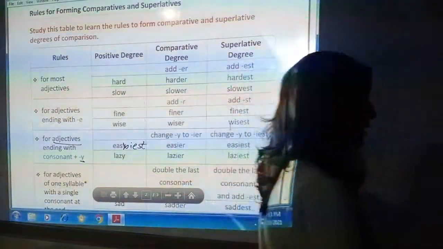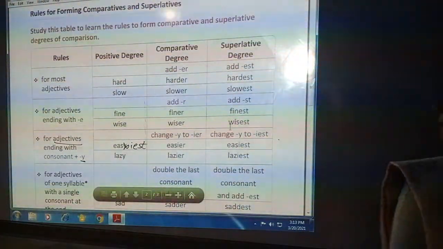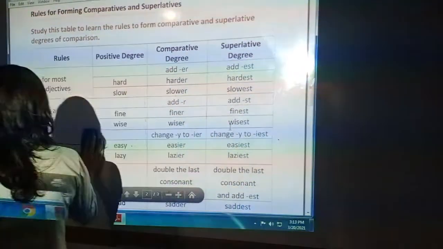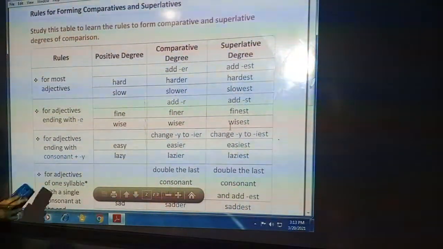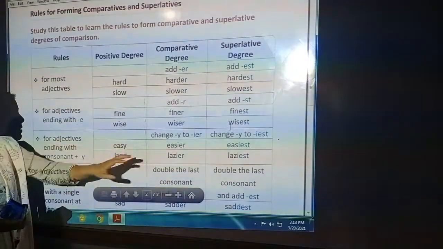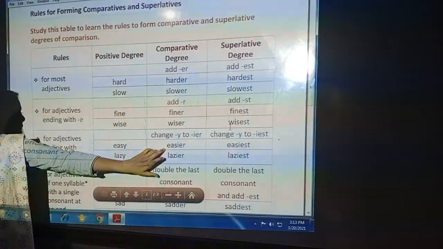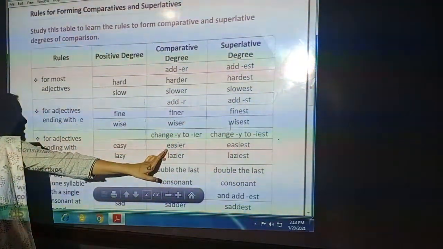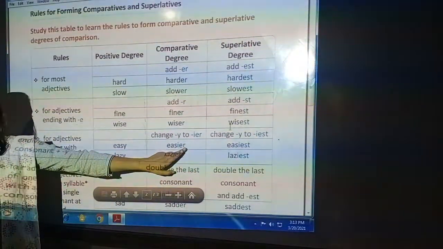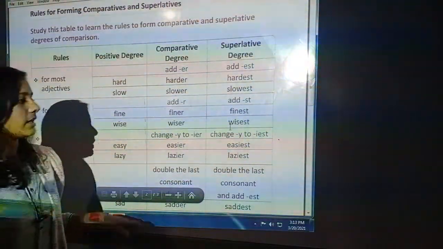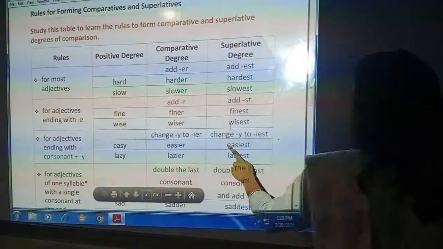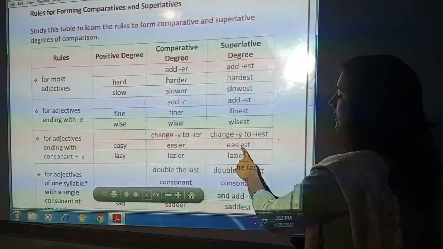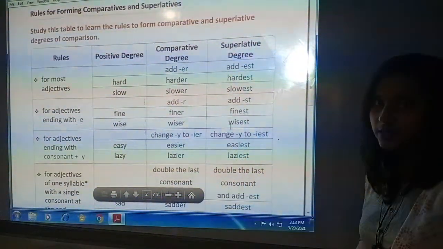Now let's see the example of this. Easy. Easy will become easier by removing Y. The spelling will be EASIER, easier. And in superlative degree it will become EASIEST, easiest.